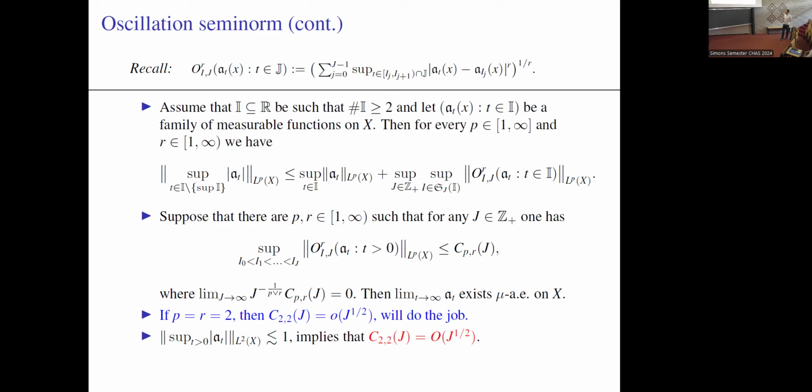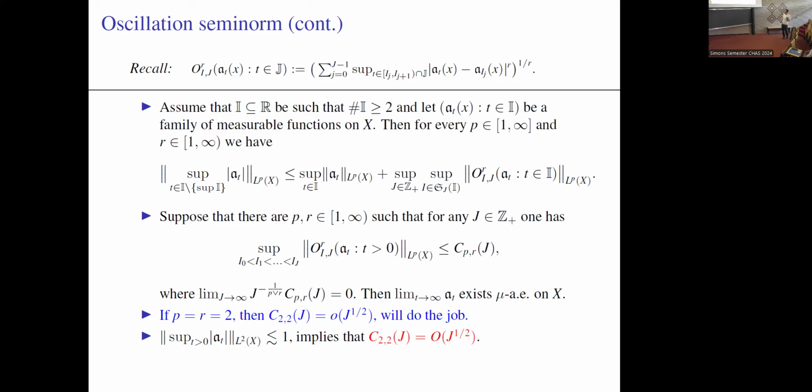In particular, today we know that in most of the cases we will have a constant which does not depend on j. So the estimates are uniform, and then we will have this assumption for free.